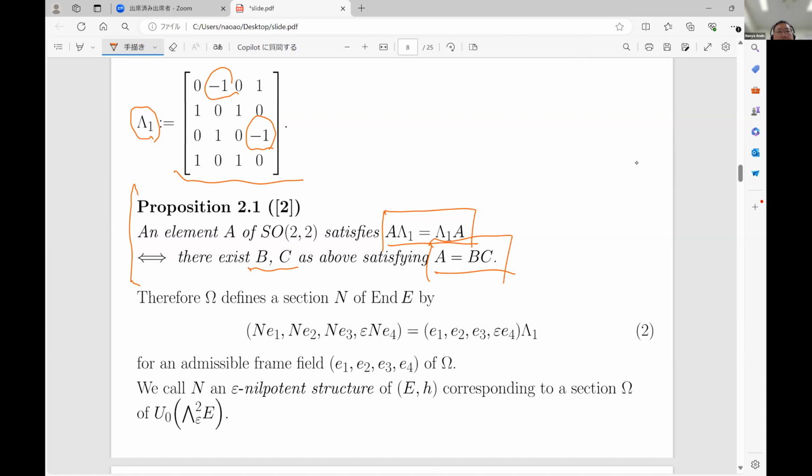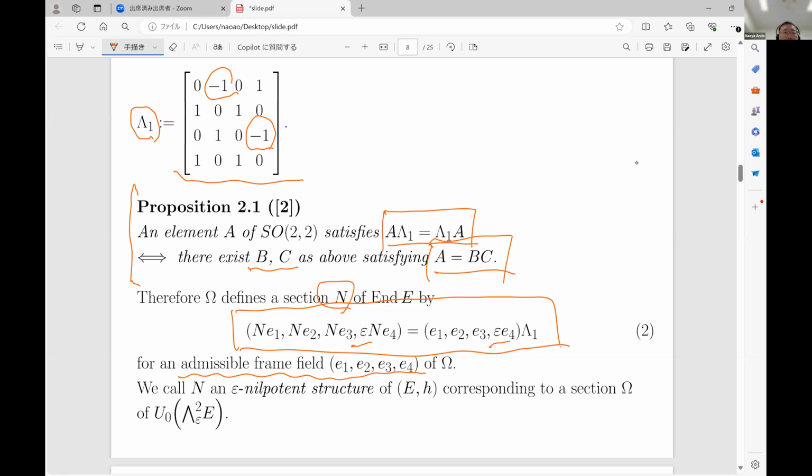Therefore, a section omega of a right-like twistor space with epsilon defines a bundle endomorphism N by this. Notice that this epsilon is for an admissible frame field of omega.